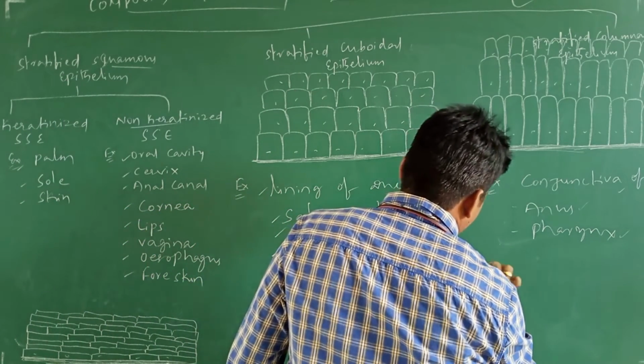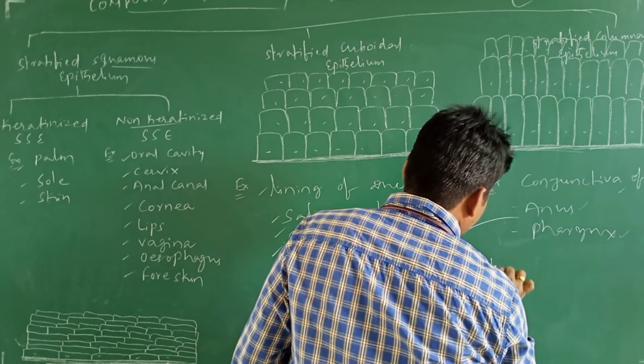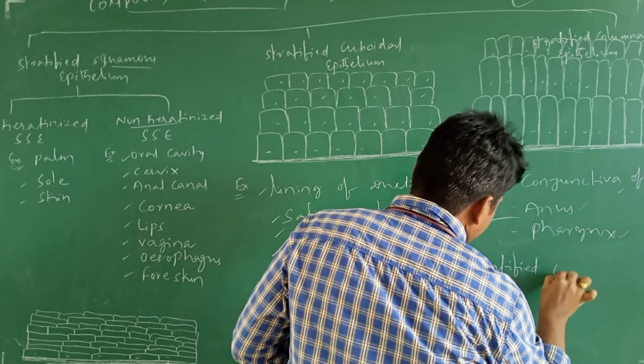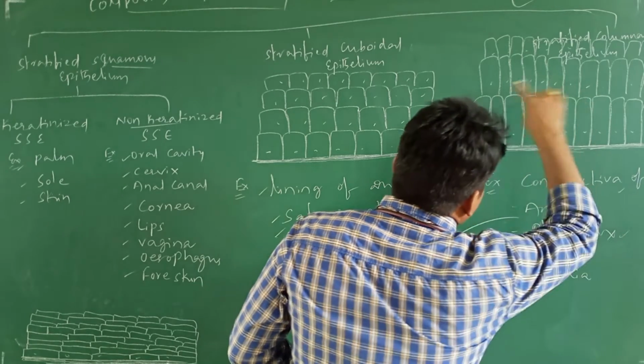One more, stratified ciliated columnar epithelium. Here, cilia are absent in the previous one.